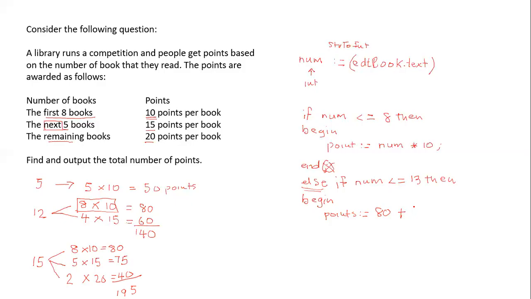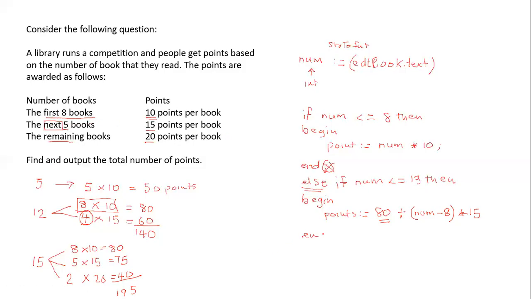Plus, now, how many books are left over? So we take the total number of books read, which is num, we subtract the 8 books that gave us the 80 points, that will be the remainder that we are left with, and we take that figure and we multiply it by 15 points. So that will give us the total number of points should the number of books have fallen into the second category.